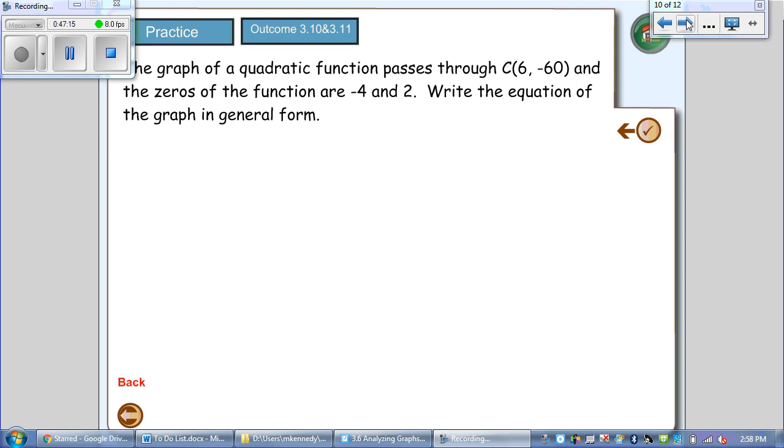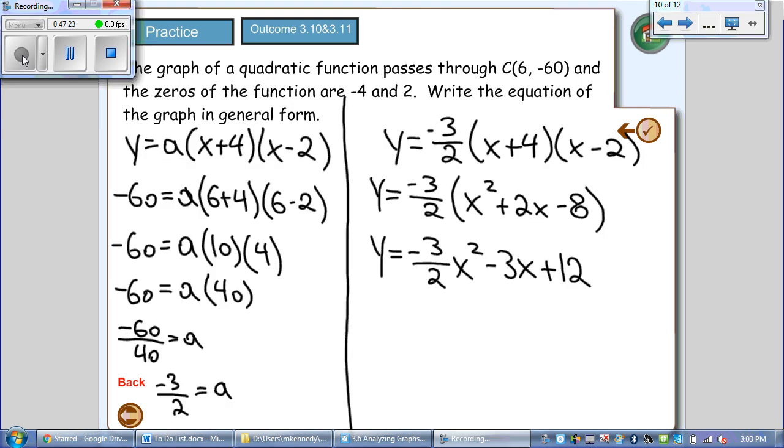So, I put it into factored form. I used factored form because I had 2 zeros, or x-intercepts. Zeros and x-intercepts are the same thing. There's no fancy word for y-intercepts. Y-intercepts are y-intercepts. What's in factored form? I need to find my a value somehow.